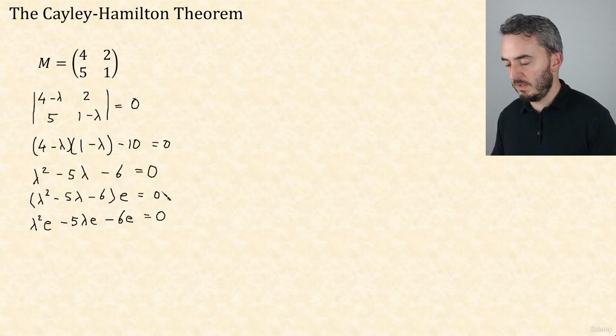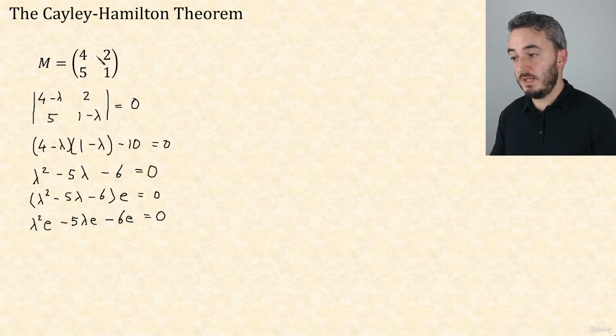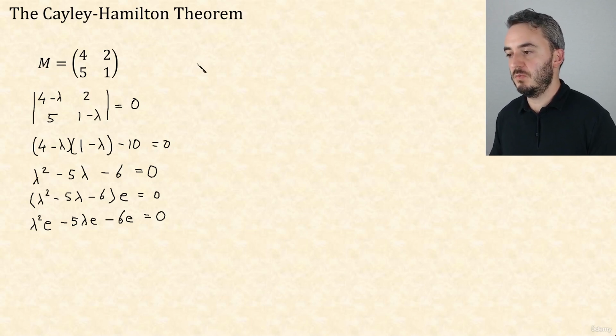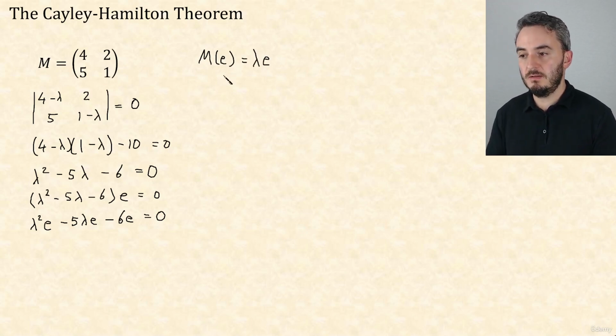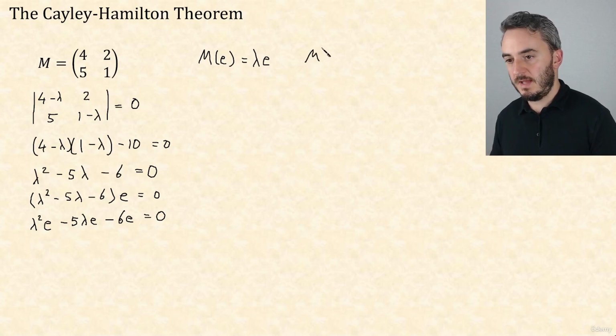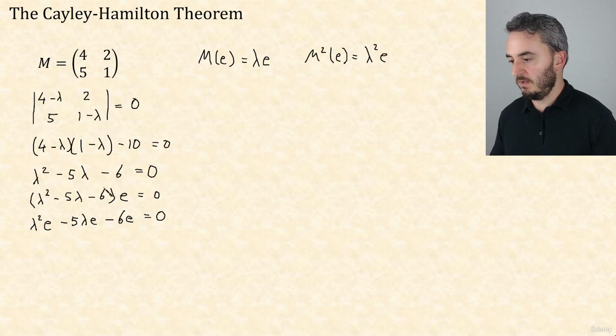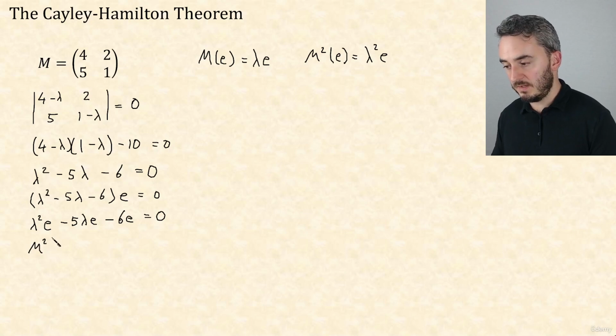But remember, by definition, since lambda is the eigenvalue of this matrix, we know that m of e is the same as lambda e. And similarly, if you apply the matrix twice, m squared to e, you get lambda squared e. That tells me that lambda squared e can be replaced with m squared of e.